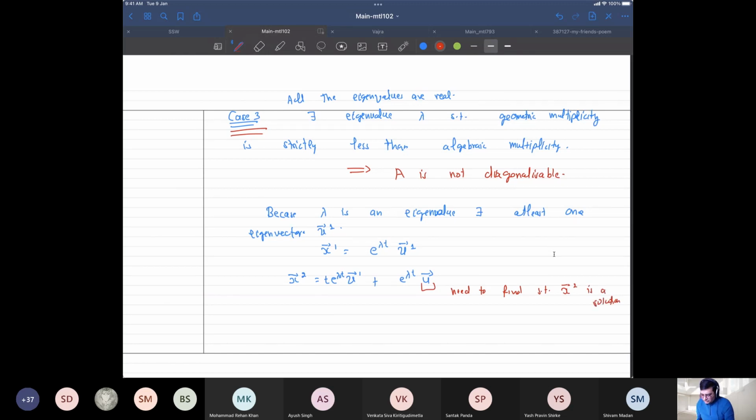Once you find the vector u such that x2 is a solution, x1 and x2 will be linearly independent, because of this term, this function and this are linearly independent.